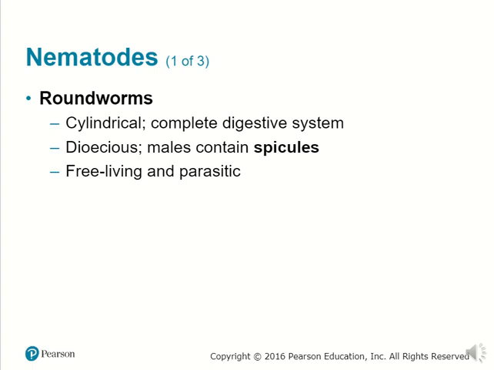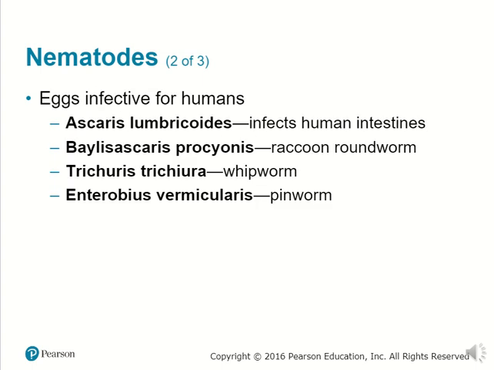Nematodes, which include roundworms, are cylindrical and have a complete digestive system for digesting nutrition. They can be dioecious, where males contain spicules, and they can be free-living or parasitic. Nematodes will have eggs that are infective towards humans.